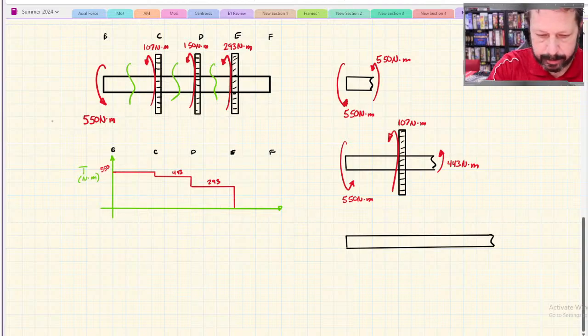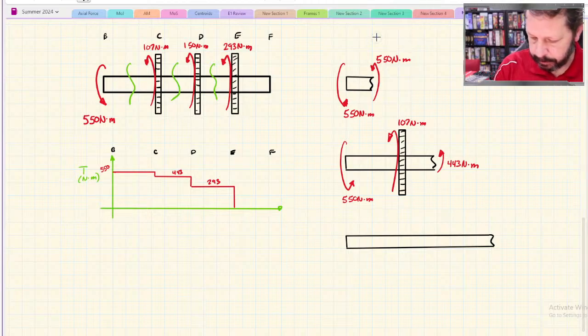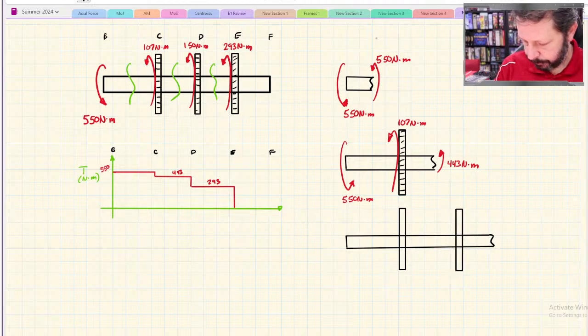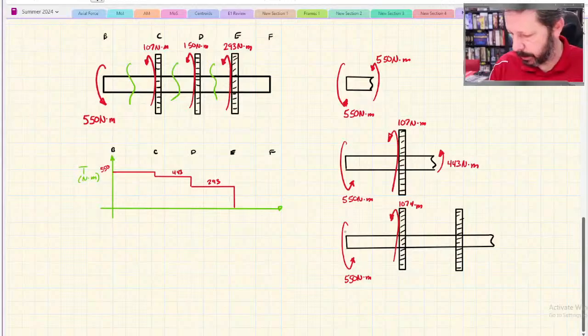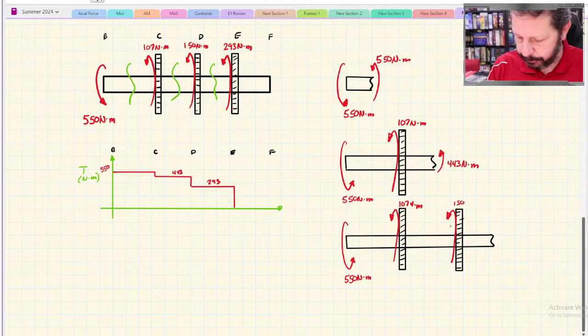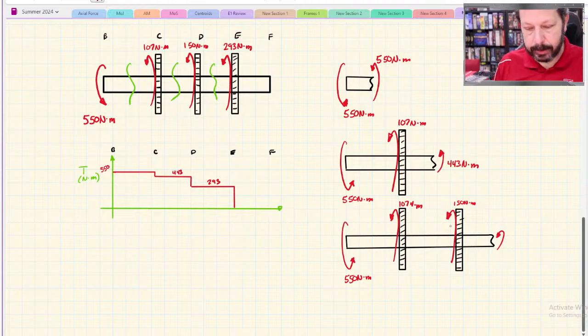And I would have two, that gear plus the gear at D, which maybe is over here. Let's see, this was 150. And so that would leave us with the 293.